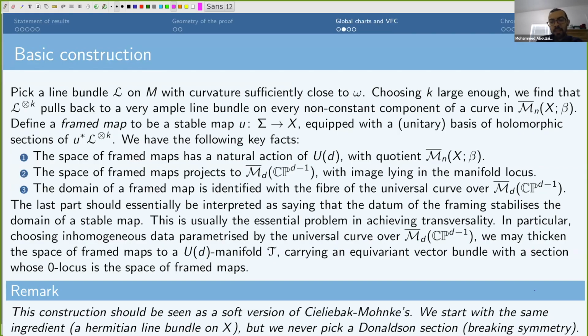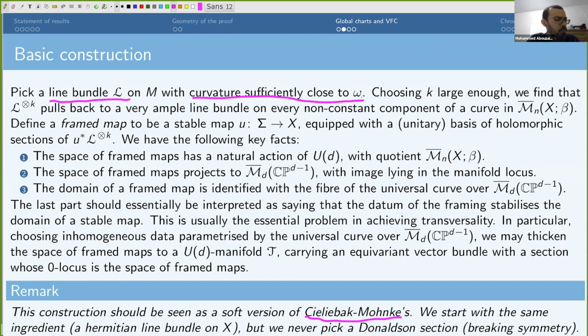So in this slide, I wanted to explain the construction. The starting point is very close to the one that Seidel and Solomon had, except again, we only do easy things. They said, let's pick a line bundle and assume that the curvature is sufficiently close to omega, the class of the symplectic form.